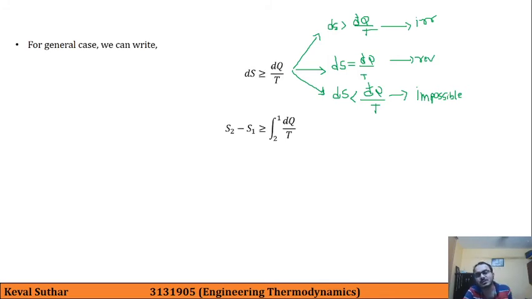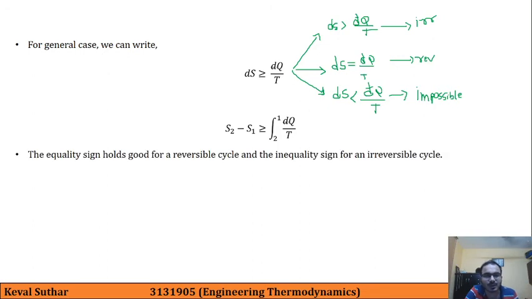So S2 minus S1 is greater than or equal to the integration 2 to 1 of đQ upon T. The equality sign holds good for a reversible cycle and the inequality sign is for an irreversible cycle. So I am also taking one more topic which is not part of this slide, that is a very small one.